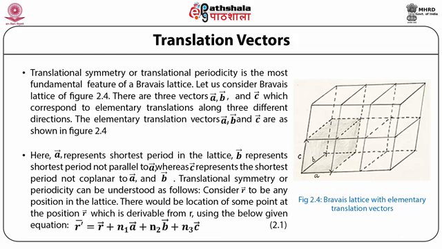There would be the location of some point on the position R vector which is derivable from R using the given equation, that is R prime vector equal to R vector plus n1 A vector plus n2 B vector plus n3 C vector, represented as equation 2.1.